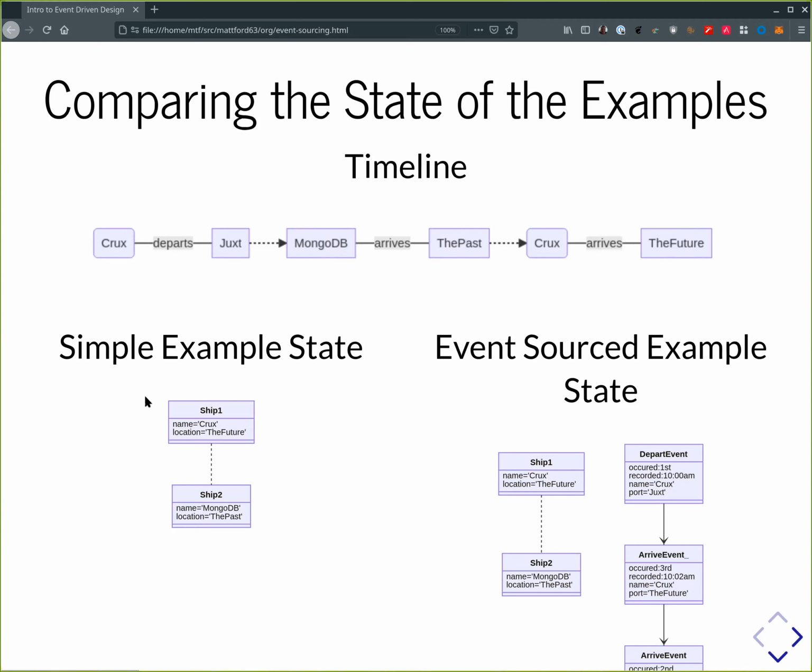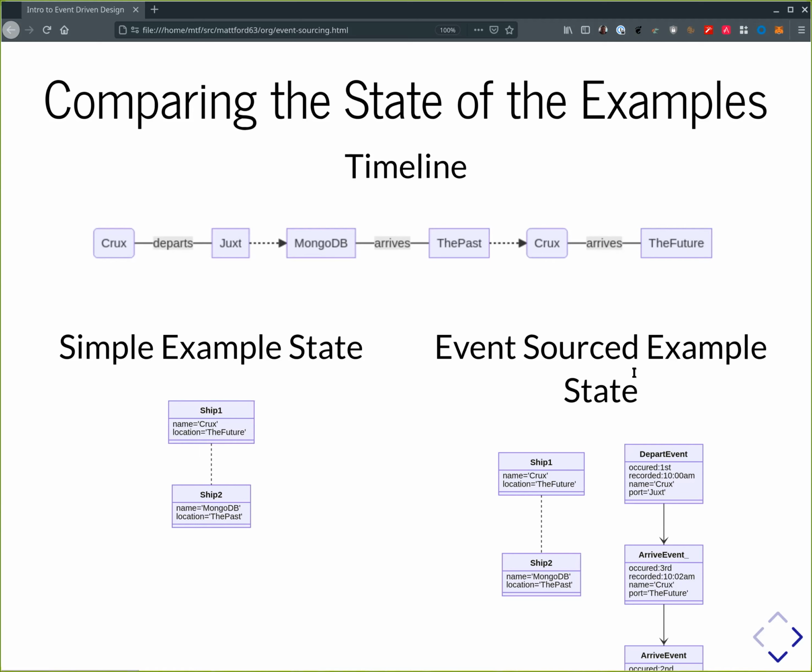Okay, so in our simple example state, after these three events have occurred, the good ship Crux is in the port of the future, and the MongoDB ship is firmly rooted in the port of the past.